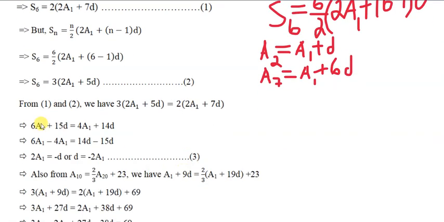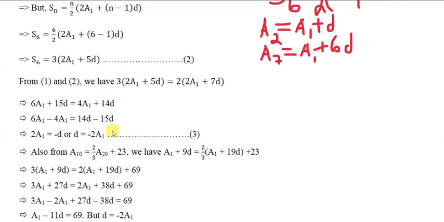From this equality, 3 times 2a1 is 6a1, plus 3 times 5d is 15d, equal to 2 times 2a1, which is 4a1, plus 2 times 7d, which gives 14d. Then collect a1 on one side and d on the other.